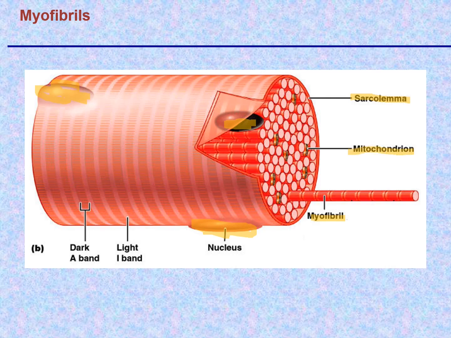There are many mitochondria tucked in between the myofibrils, and there's this banding of dark and light stripes, as you can see here, alternating dark and light stripes that are present because of the arrangement of the actin and myosin fibers inside the myofibrils, which we'll show in a little bit.